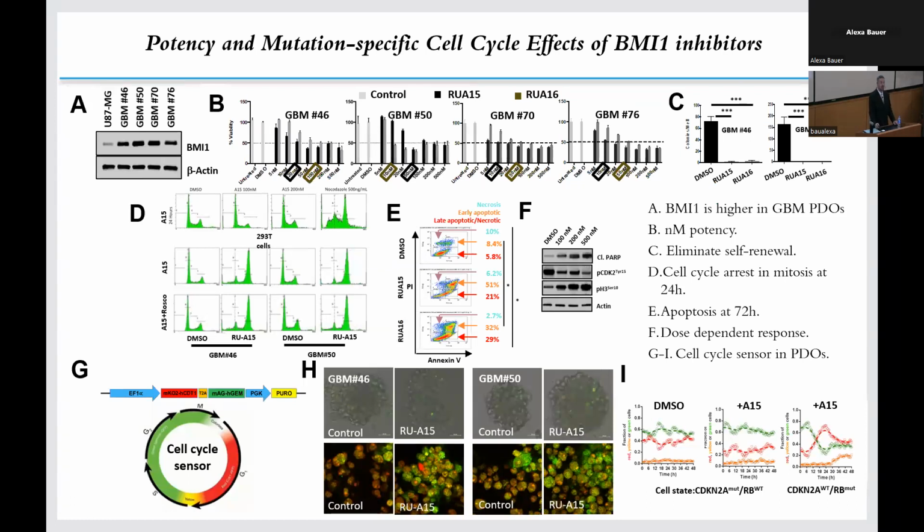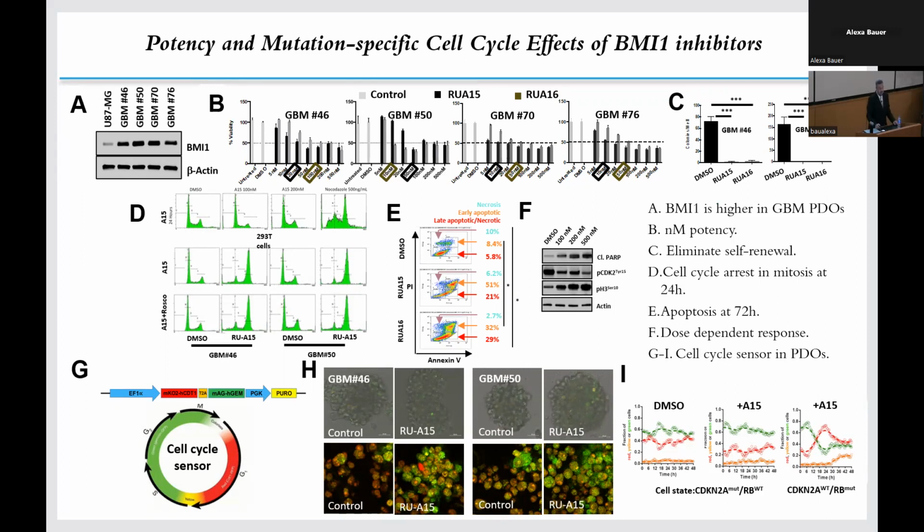But using a cell cycle sensor, this is a lentivirus we developed in the lab to be used in these organoid models in live assays, we could see between the control, with most of the cells in red reflecting the G1/S phase of the cell cycle, and the compound treatment switching to mostly green, indicating arrest in the G2/M phase of the cell cycle.